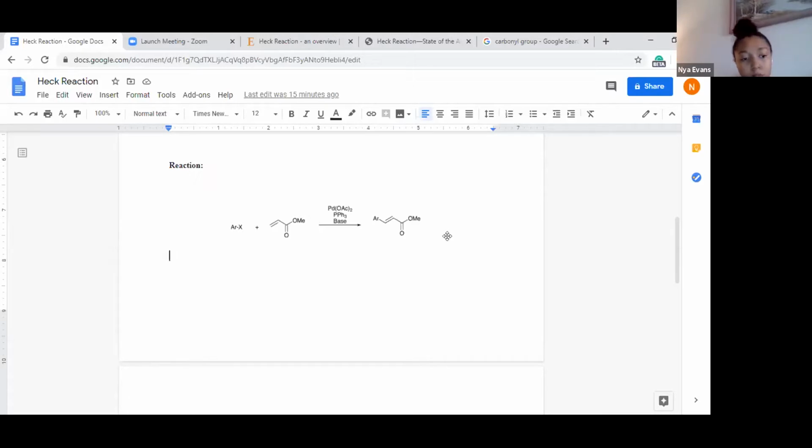For example, if the carbonyl was an aldehyde, that would be cinnamaldehyde. If it was a carboxylic acid, it would be cinnamic acid. So that molecule, if the aryl group was benzene, would be the methyl cinnamoyl ester. Okay. Good to know. Thank you.